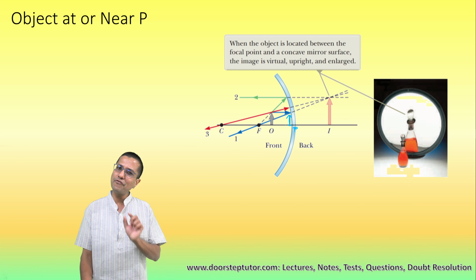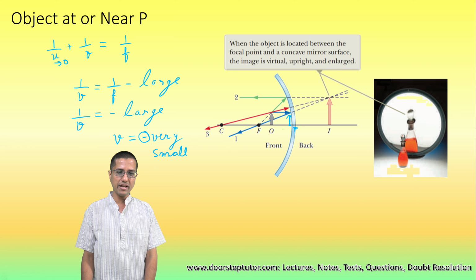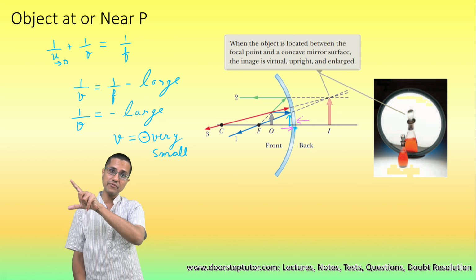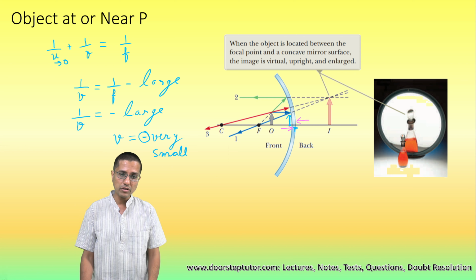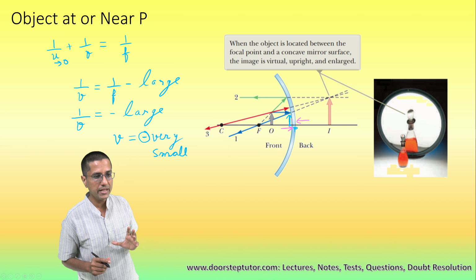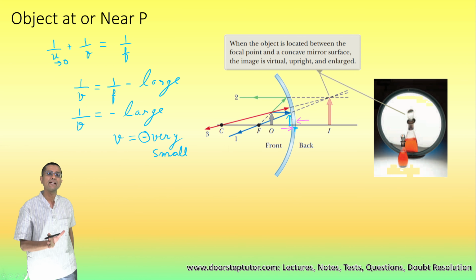So what am I saying? I am saying that as I move this object very, very close to P, my image would also move, in the other direction, on the negative side of the mirror, close to the P itself.